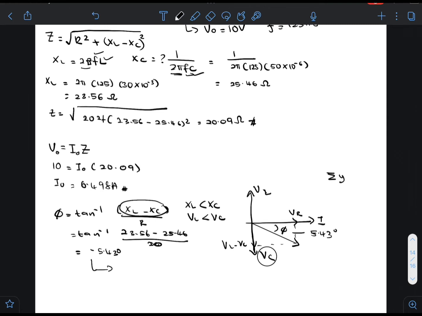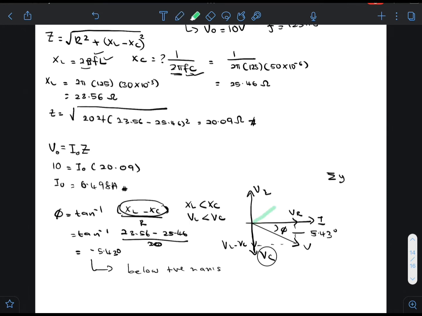Also, kamu juga boleh tengok kamu dapat negative value dekat sini. Okay, maksudnya this indicates that your angle here is below positive x-axis dekat sini. Okay, this is your V net here.